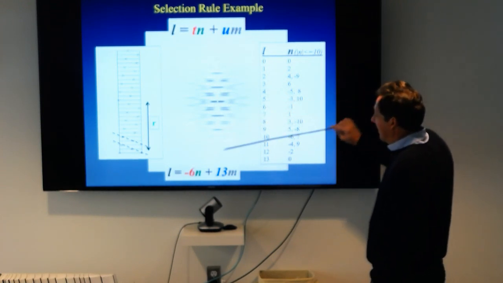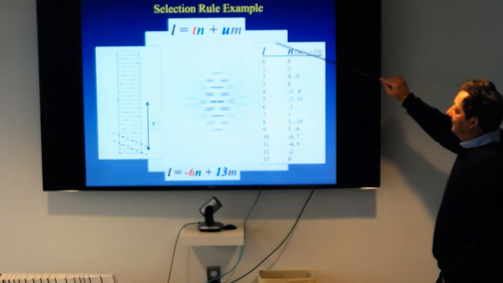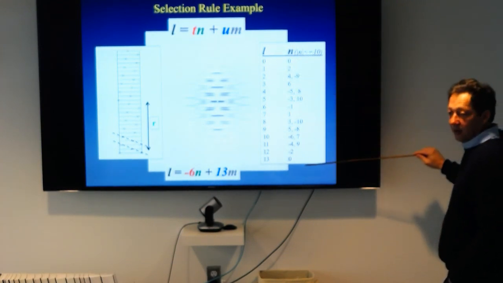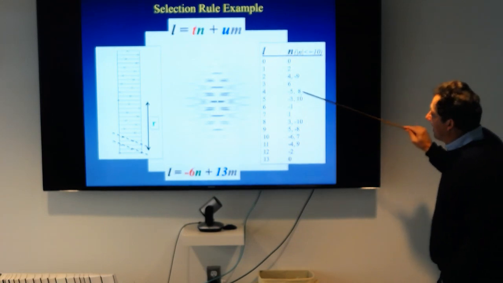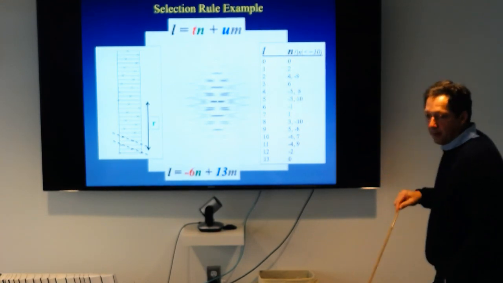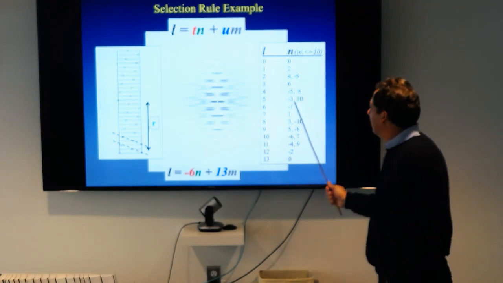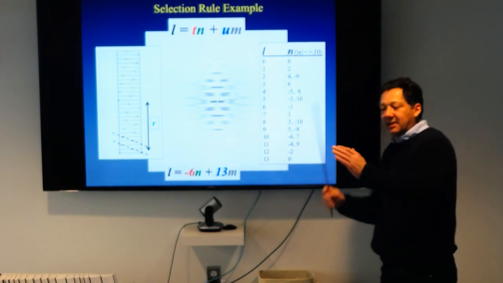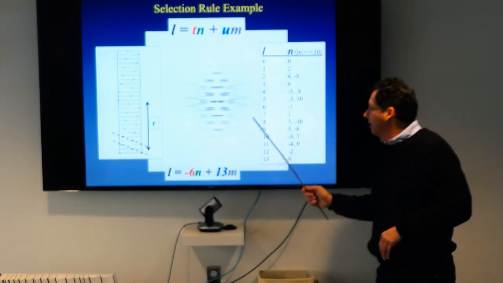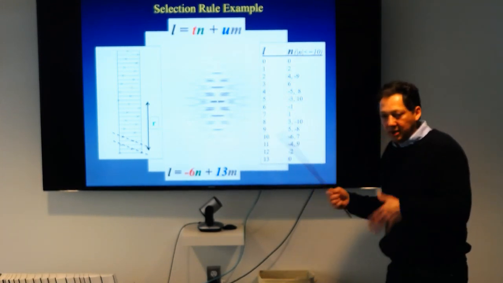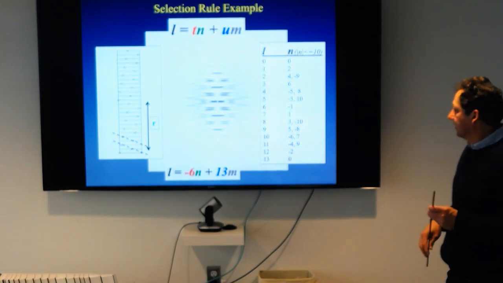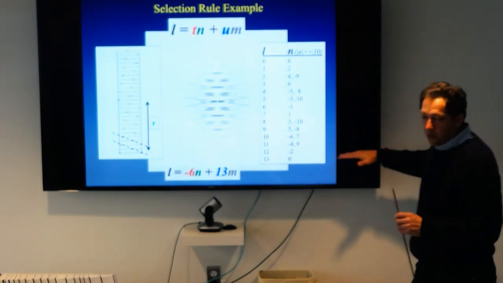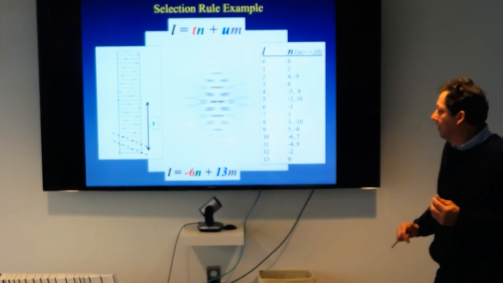Layer line 0, of course, gives 0. For some layer lines you see that there are 2 overlapping Bessel orders, but usually, because the second Bessel order is going to be further away, you can just consider the first one when you are doing the indexing. As you go to higher resolution, you're going to see more and more layer lines.